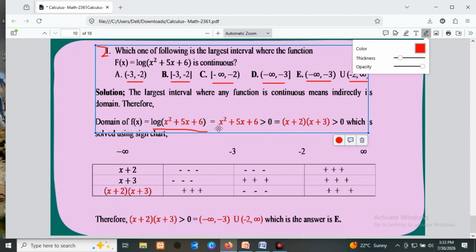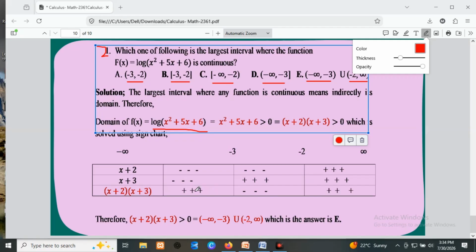This is a quadratic, factorable into x plus 2 times x plus 3, which should be greater than 0, and we solve it using the sign chart, the same procedure as in the example above. x plus 2 is 0 at minus 2, and x plus 3 is 0 at minus 3. I have different boxes and fill in the signs: minus, minus, then plus for the first term; minus, minus, then plus for the second; then multiplied, you get the third row.